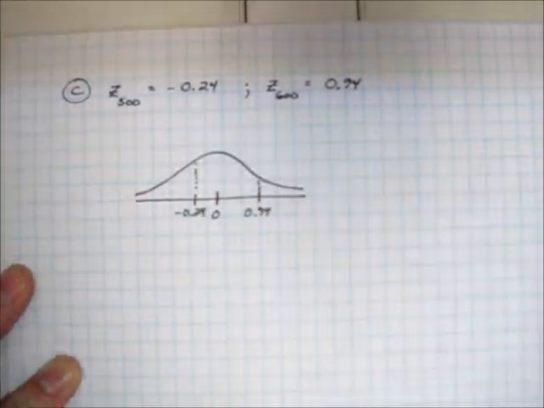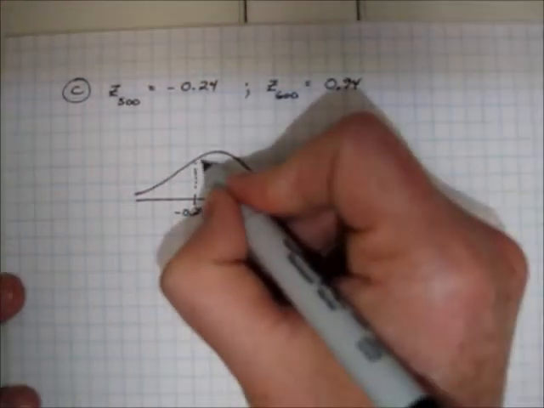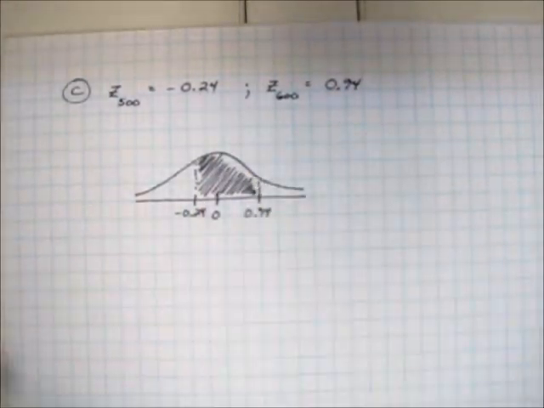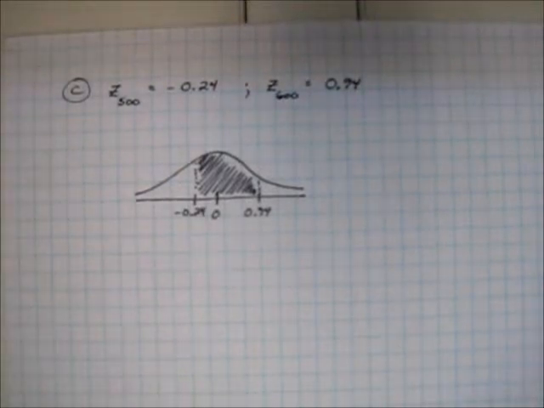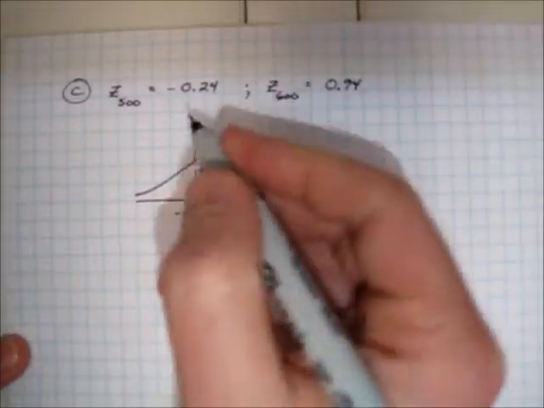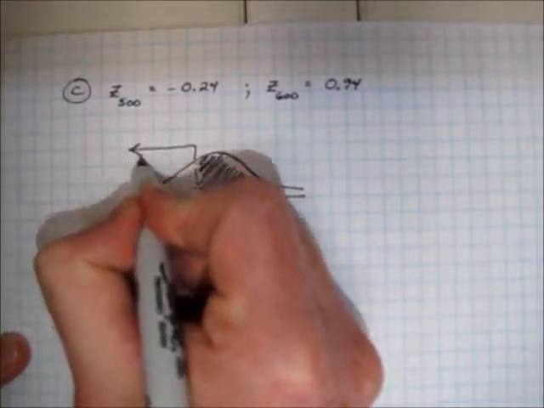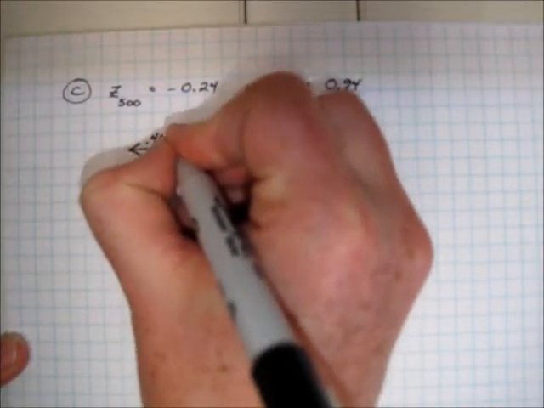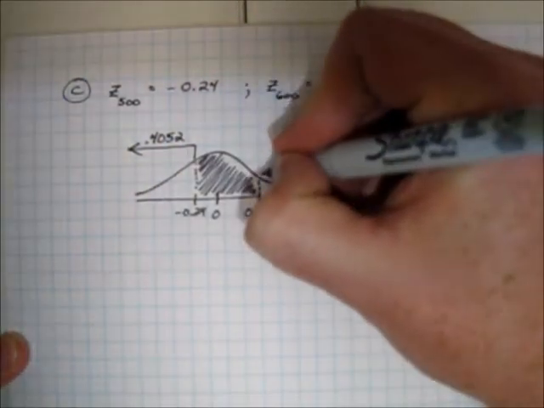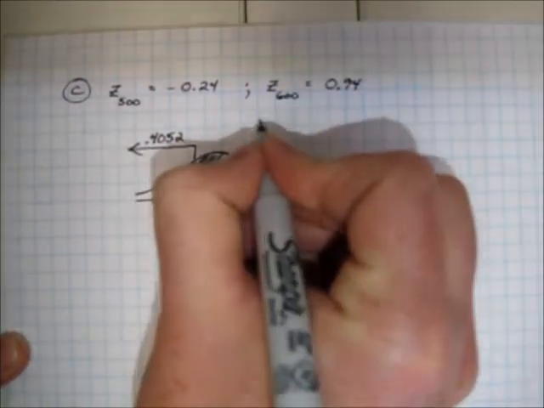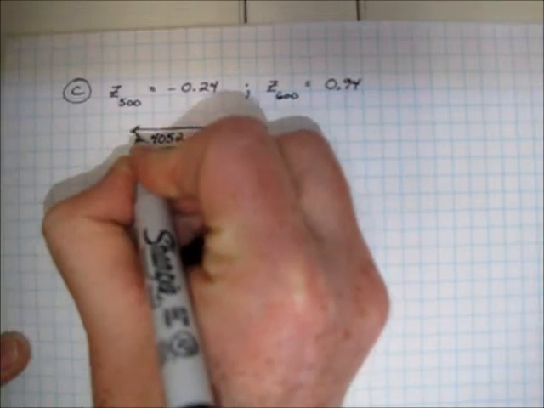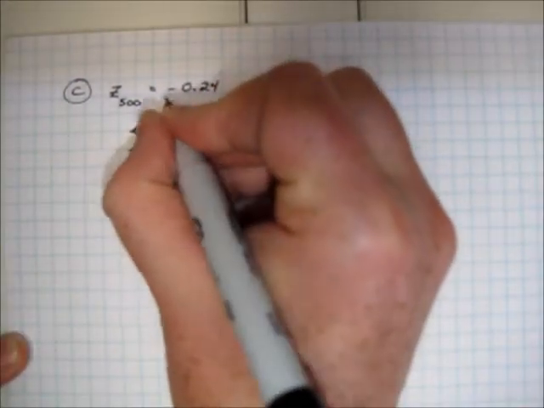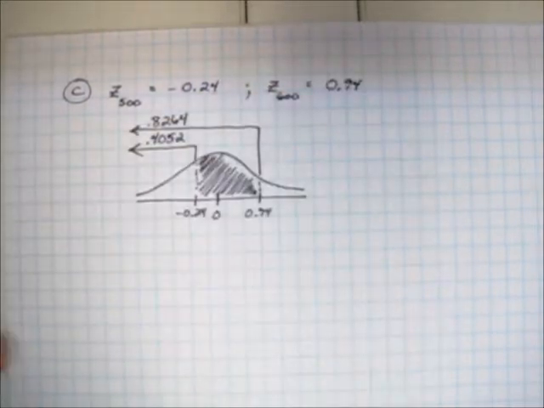Draw some vertical lines up. And this time I care about the area in between. What percent of the students fall between those two scores? Again, if you consult your work from earlier, we know that to the left of negative 0.24 was 0.4052, and we know that to the left of 0.94, we had found from the chart that was 0.8264.